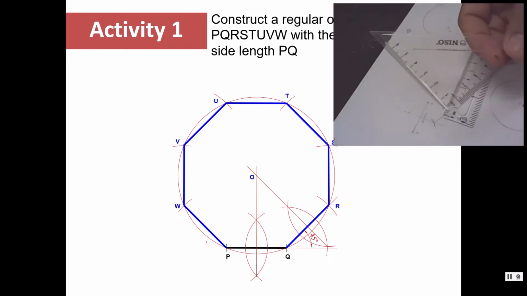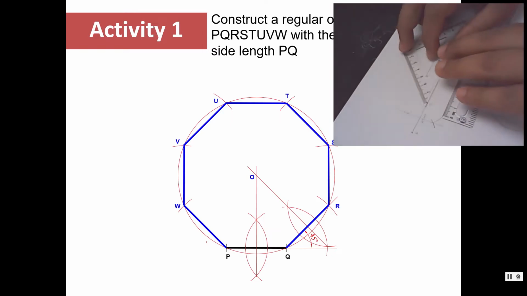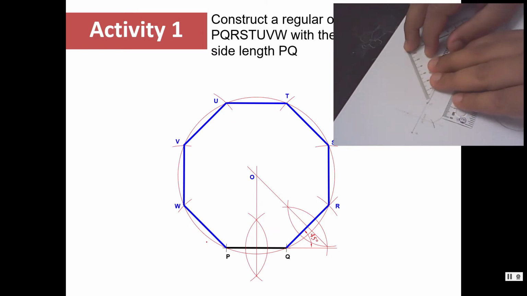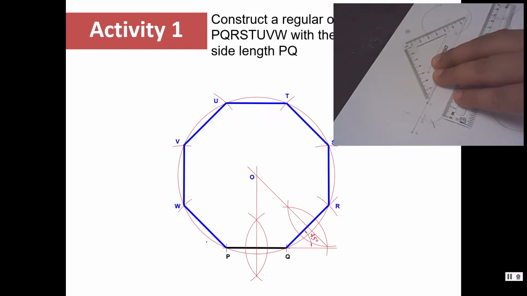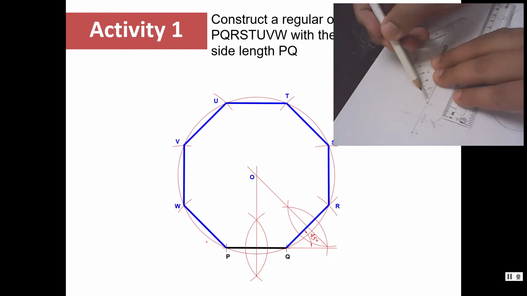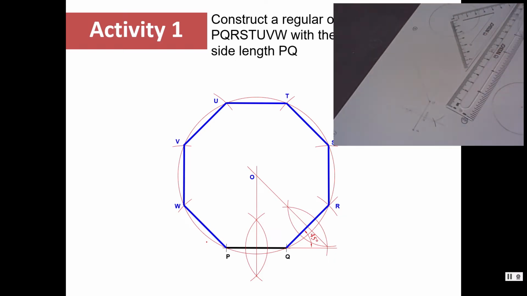By using the 45-degree angle, now please draw another line. Okay, something like this.